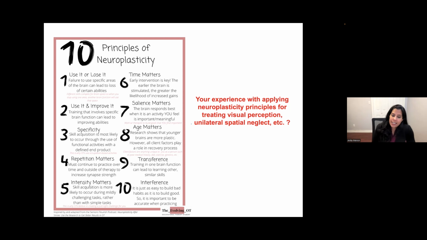Now, in terms of diet, that's really interesting. If you look at foods rich in omega-3s, or even vitamin D, anything that promotes brain recovery, if a client has a diet rich in those foods, it will definitely lend itself to improving their ability for plasticity.